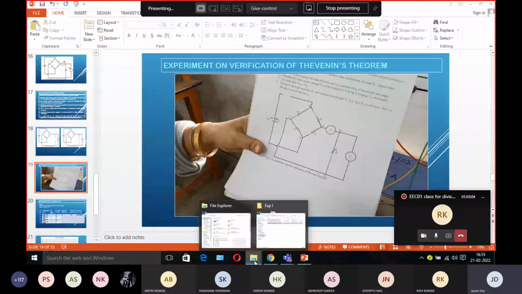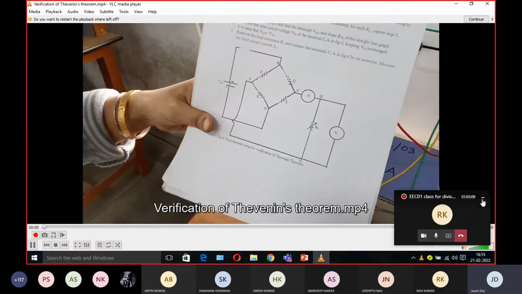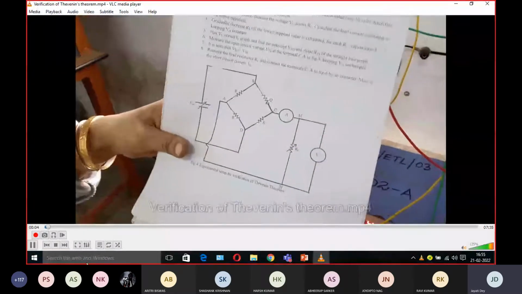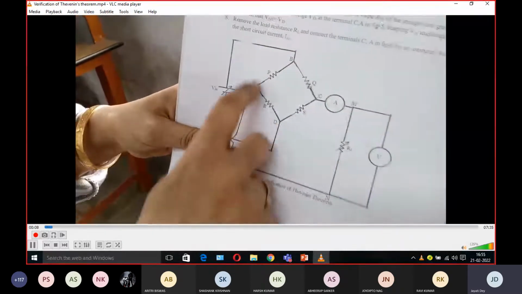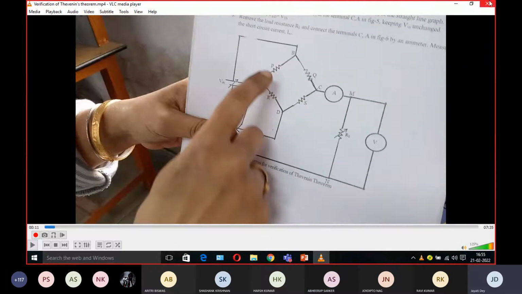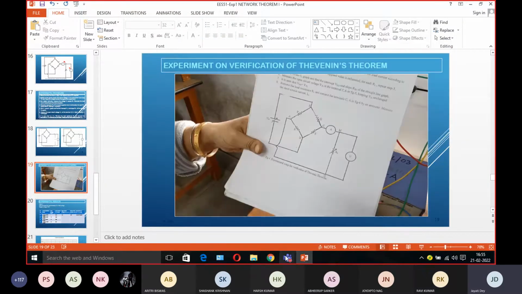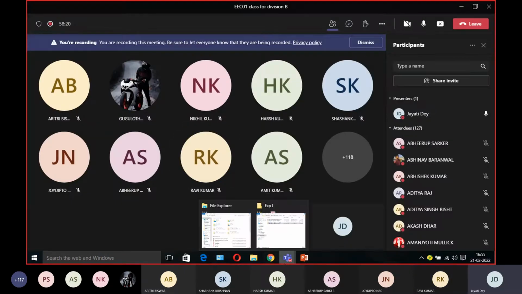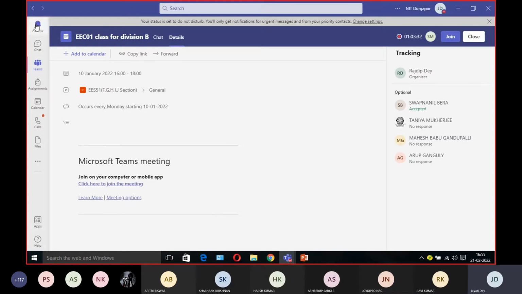Then check whether it is audible or not. No, ma'am, still not audible. What is happening? I don't know. Just wait for a minute. Let me check in the uploaded version.